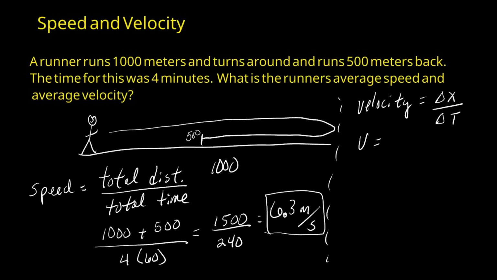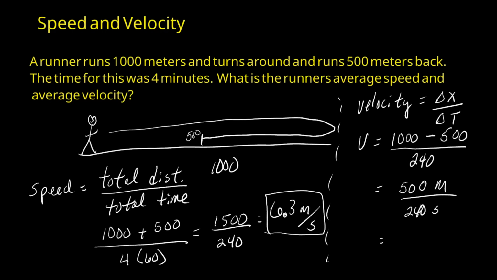Well, he ran 1,000 in the positive direction, and he ran 500 in the negative direction. And the total time was, again, 240 seconds. So that's going to equal a displacement of 500 meters and a time of 240 seconds. So his velocity is going to be approximately 2 meters per second.